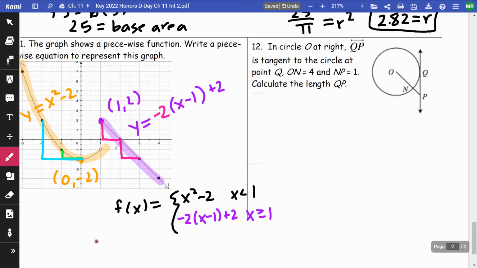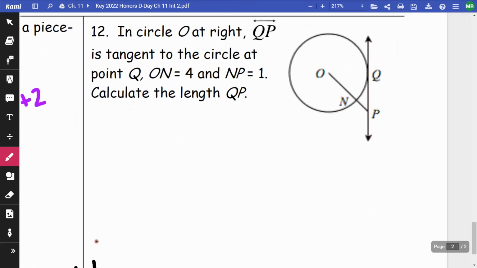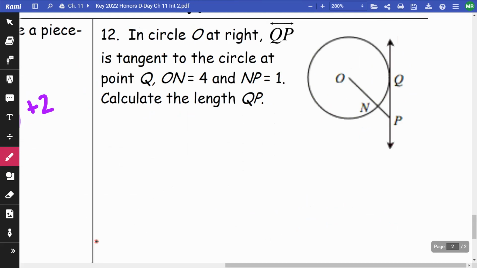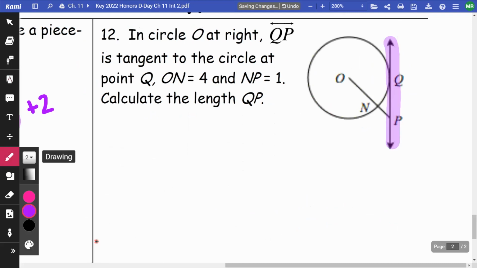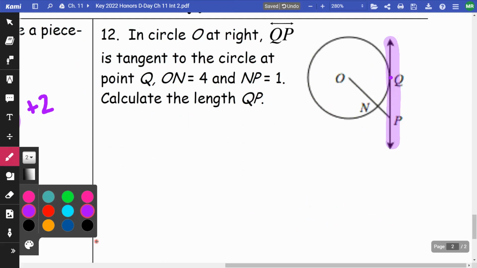On number 12, for this one, I know that this line QP has a point of tangency at Q. So if I was to draw from Q to O, that is going to make a right angle with that line.